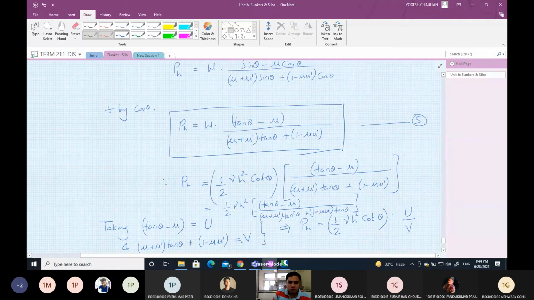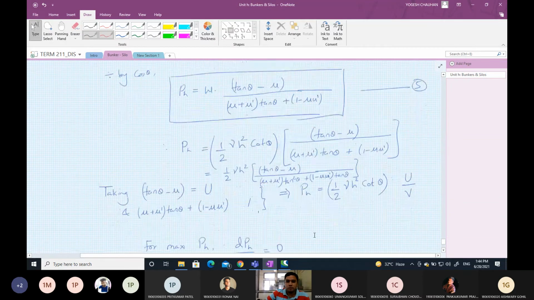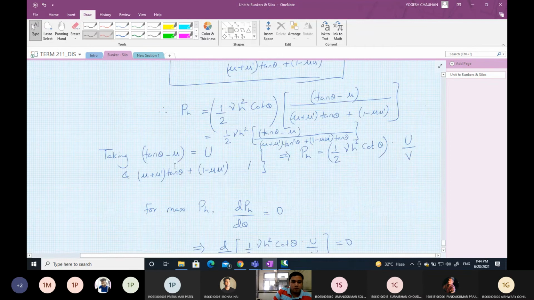So what we will do, we take v is equal to tan square theta, 1 minus mu tan theta equals to v. So this cot theta will be removed now.